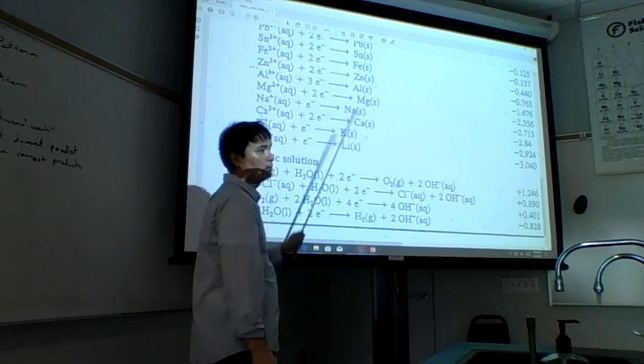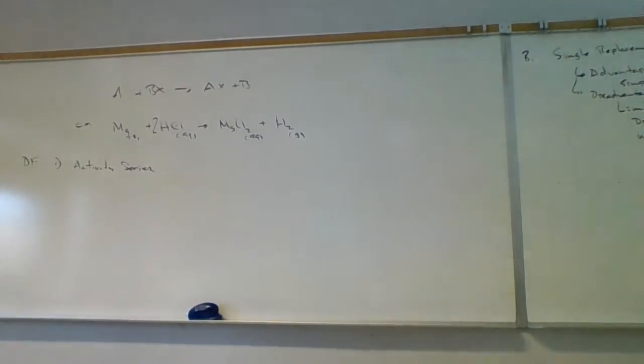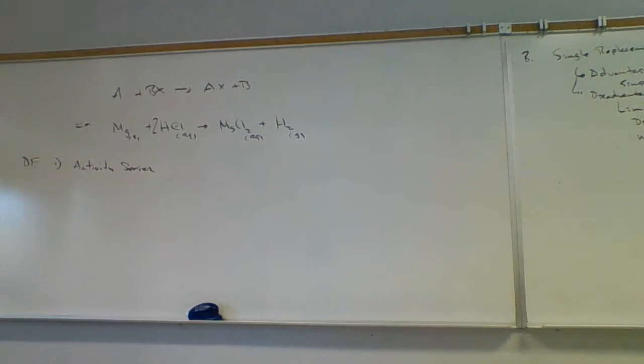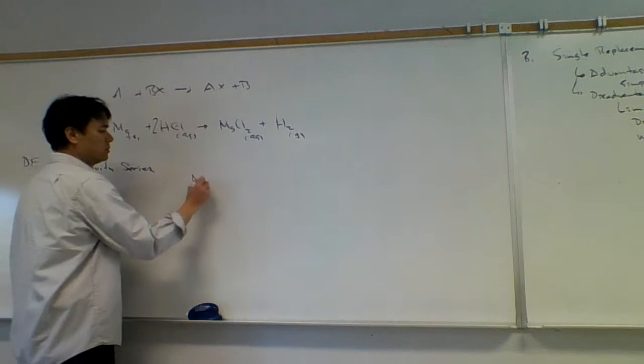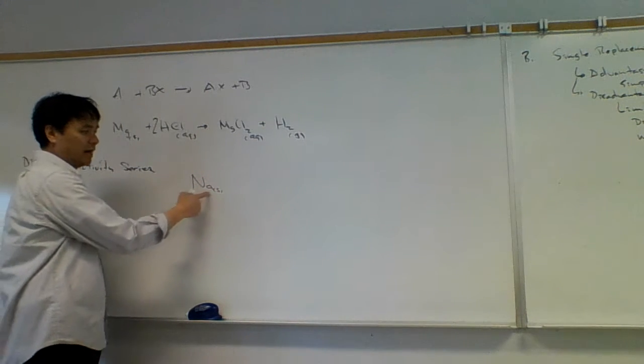Now how does it react with those? Let's take a look at this. We don't even have to know that, but it's necessary to know something like sodium. Sodium is a very active metal.